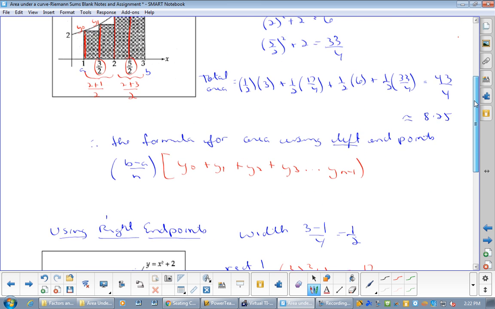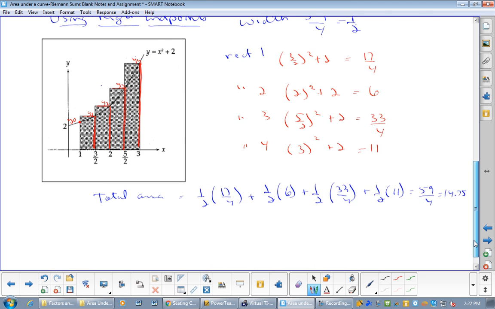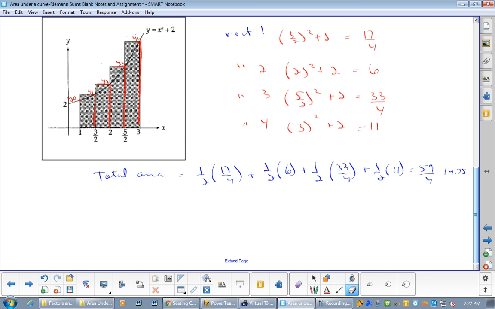So if you look at the answer above, it's 8.25 because we left a lot of area out. When you look at this one, I should put my approximation there, it's 14.75 because we calculated a bunch of area here that really isn't under there. So we would be in excess.